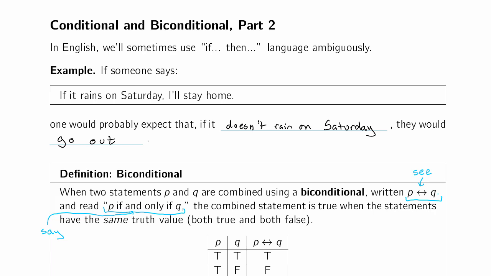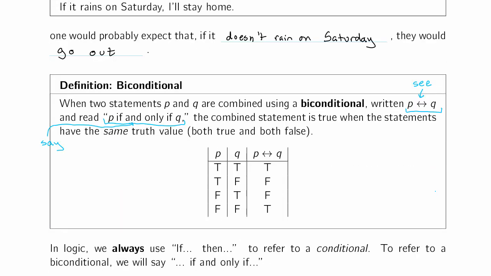When we have that combination of statements, it's true when the statements have the same truth value. So either they're both true or they're both false. So if we have P and Q both true, the biconditional is true.